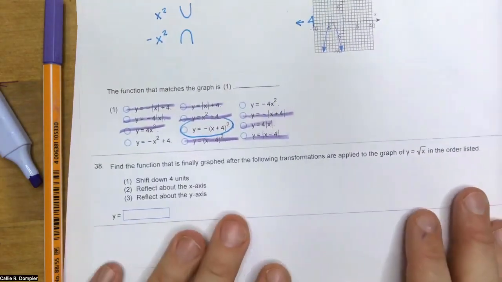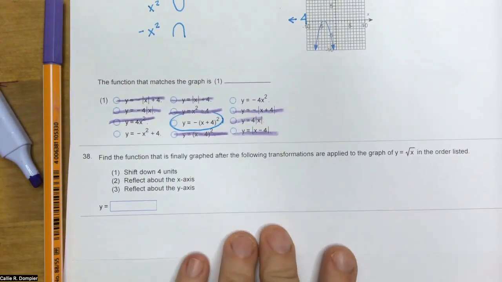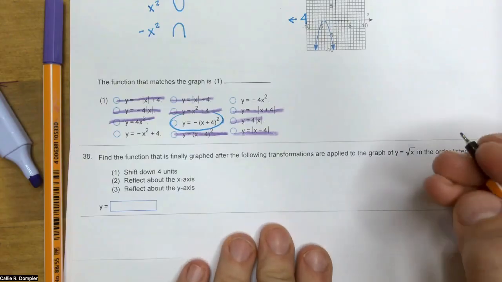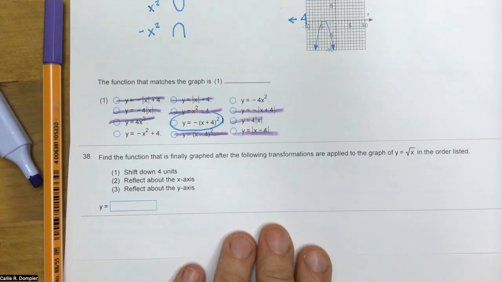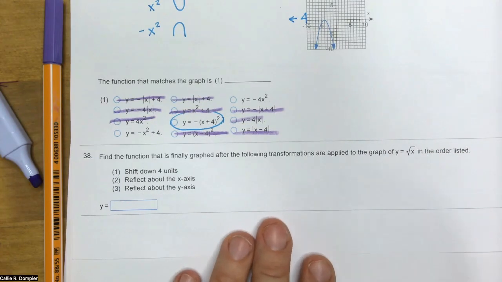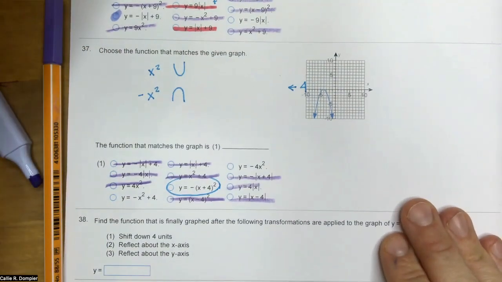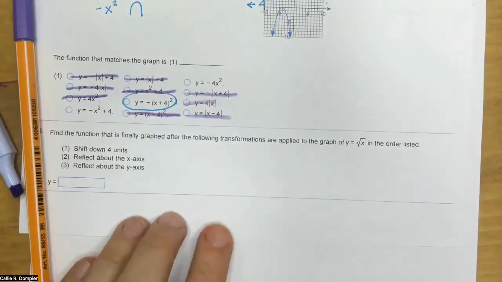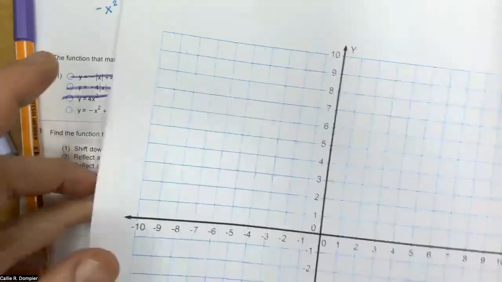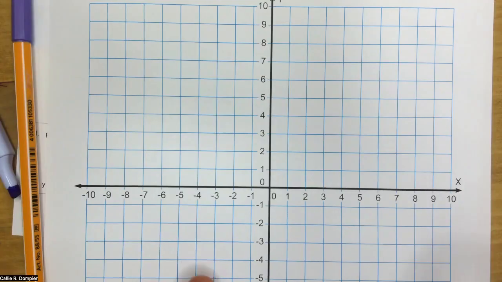38, we're kind of doing the opposite of what we were doing up there with the graphs. We're going to have the graph of y equals square root of x.